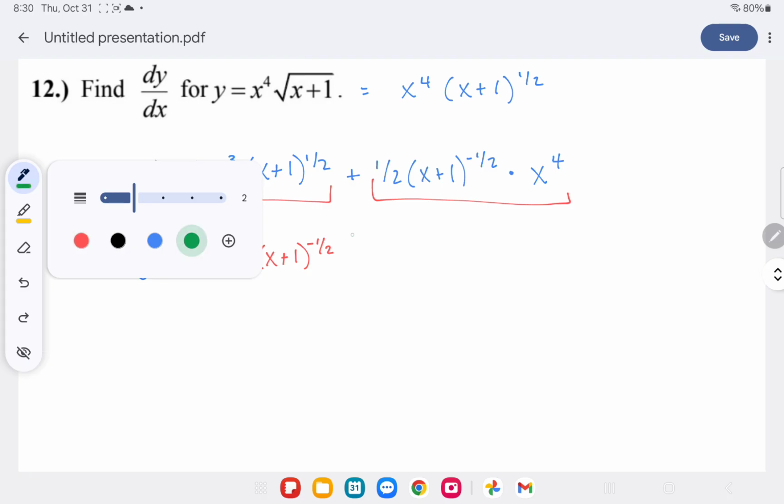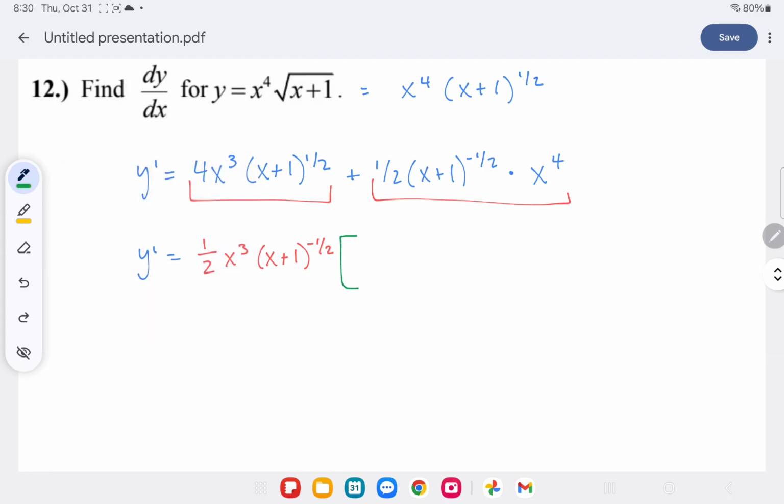All right, and so when I do that, I'll show you what that looks like. When I divide this by 1/2 x cubed, x plus 1 to the negative 1/2 power, 4 divided by 1/2 is 8. x cubed divided by x cubed cancels out. And x plus 1 to the 1/2 divided by x plus 1 to the negative 1/2 is just x plus 1. 1/2 minus negative 1/2 is an exponent of 1.